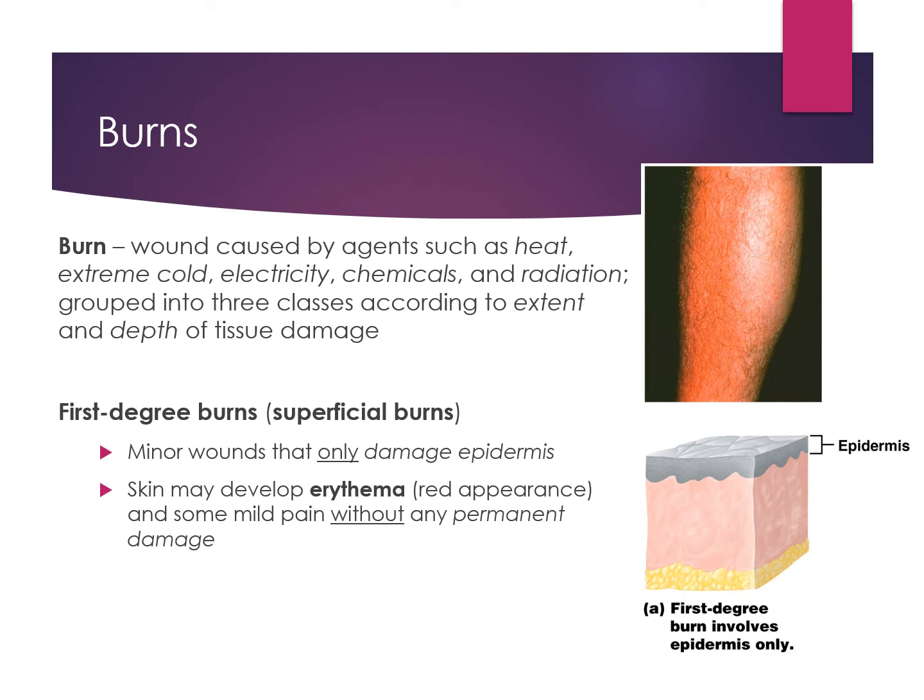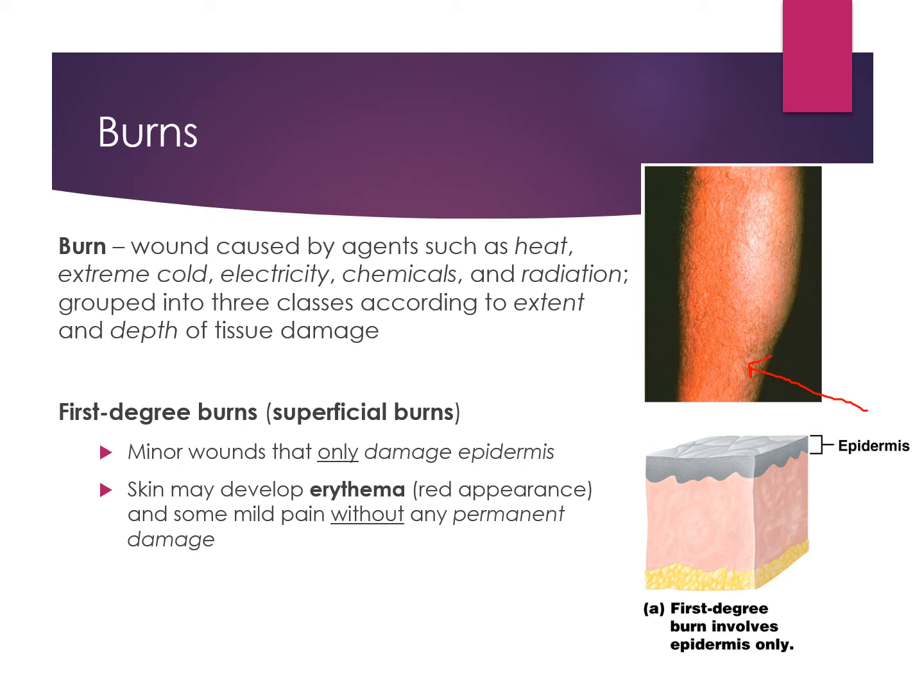Burns are wounds that are caused by agents such as extreme heat, extreme cold, electricity, chemicals, and radiation, and your burns are grouped into 3 classes according to the extent and depth of tissue damage. The first type of burn is depicted here. It's called a first-degree burn or a superficial burn.